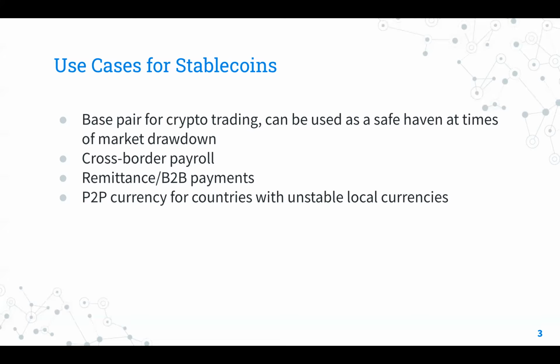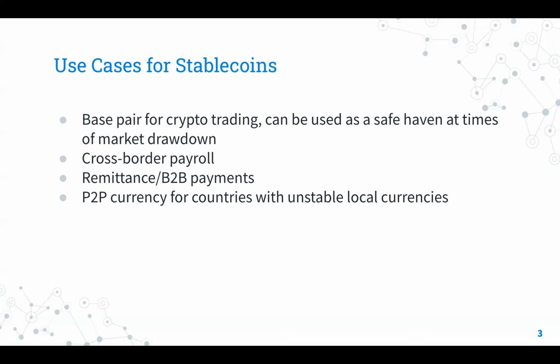So remittance and business-to-business payments, yeah. Same idea, right? Lower fees and more instant compared to Western Union. Yeah, Western Union. I know MoneyGram was trying to develop their own or use blockchain to make things much more efficient.